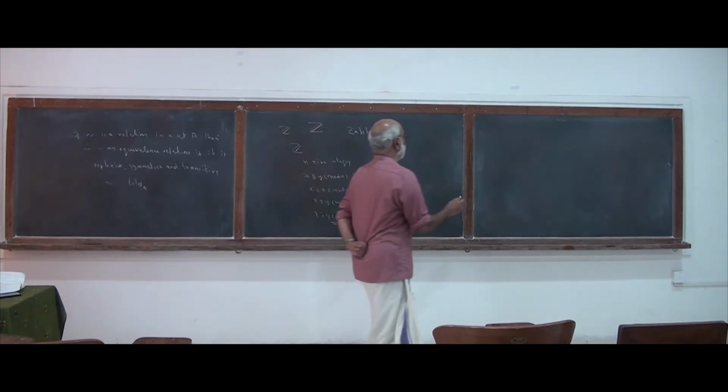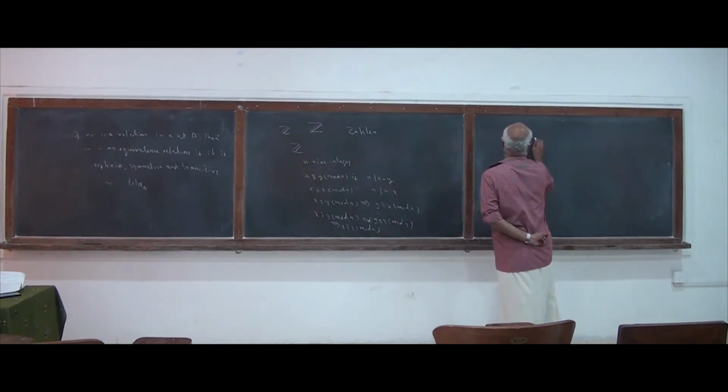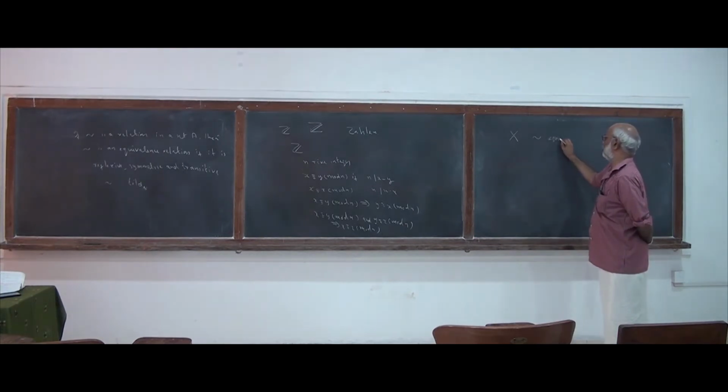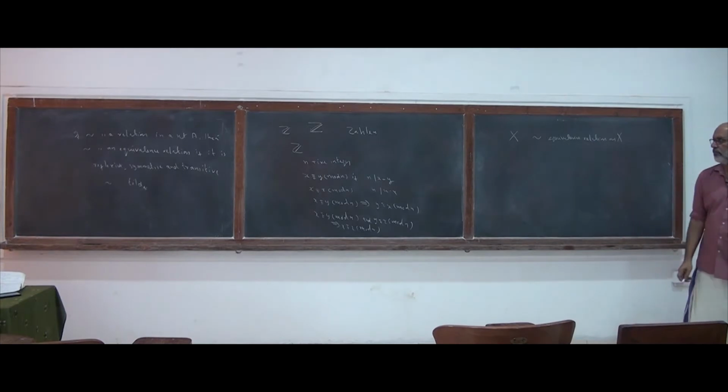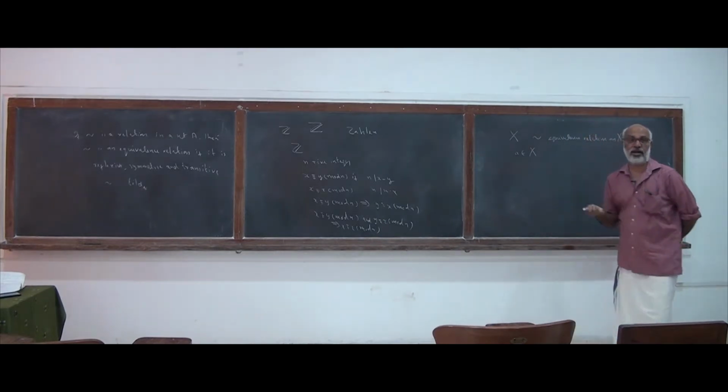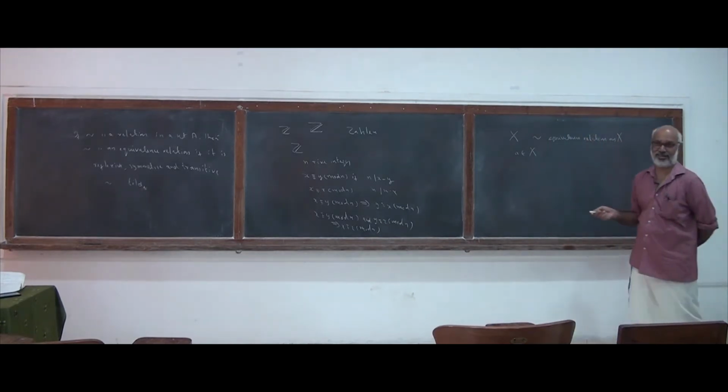Now, suppose x is a set and tilde is an equivalence relation on x. You take one particular element, say a of x. Then you can take the set of all elements which are equivalent to a.